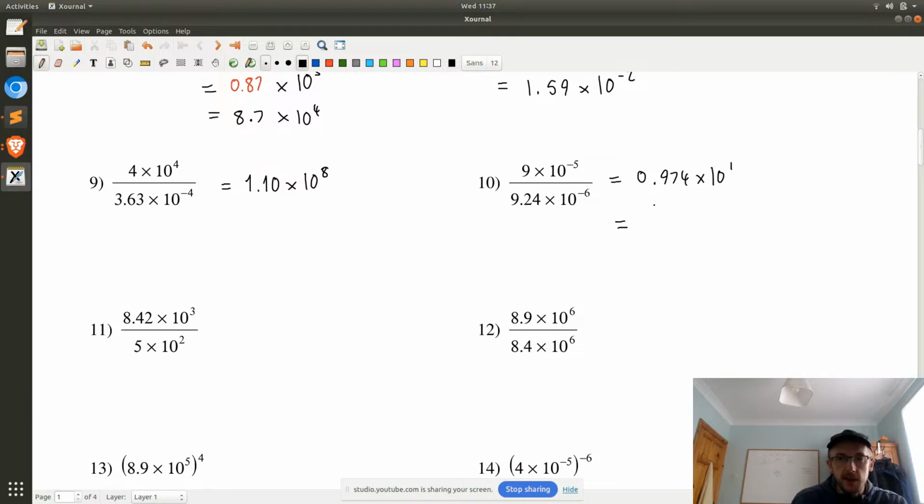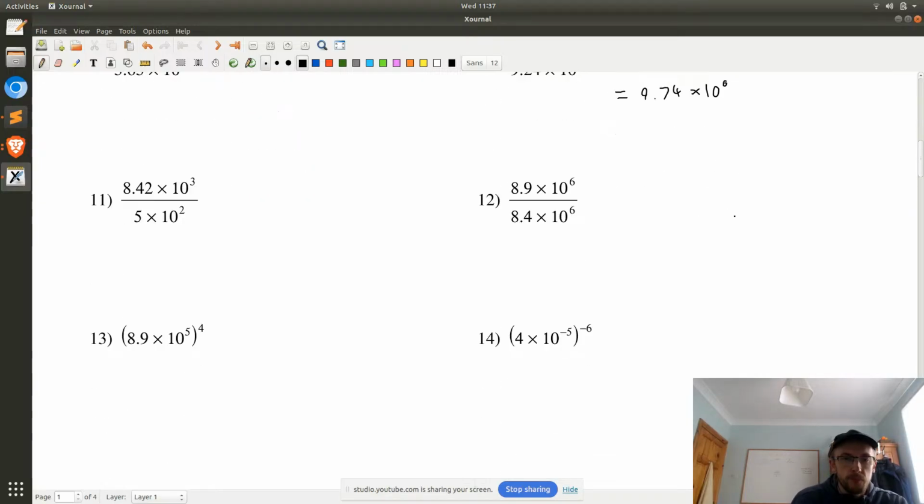Fix it, 10 times bigger, 10 times smaller, and continue. Divide that by 5. That I can do. 1.684. And there we go.